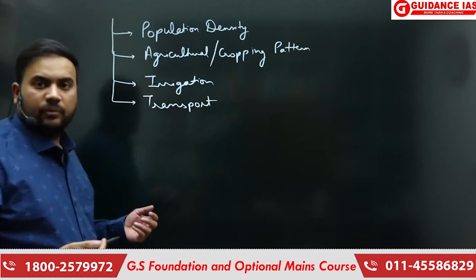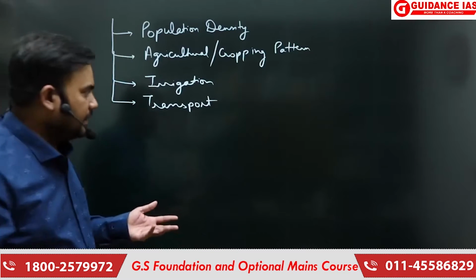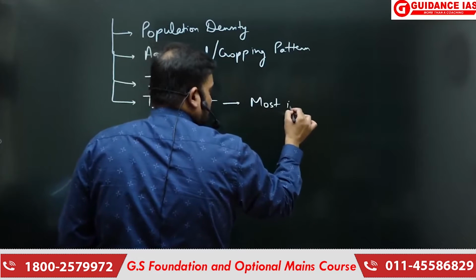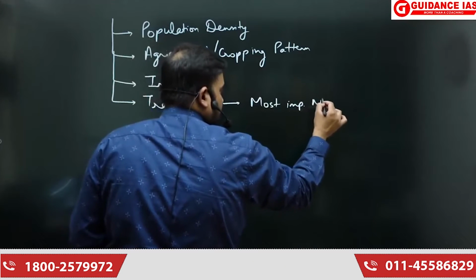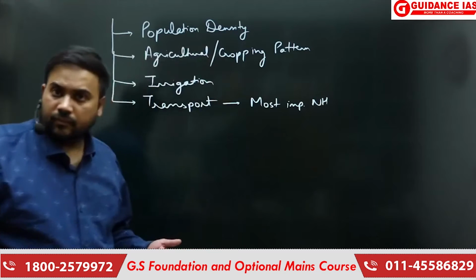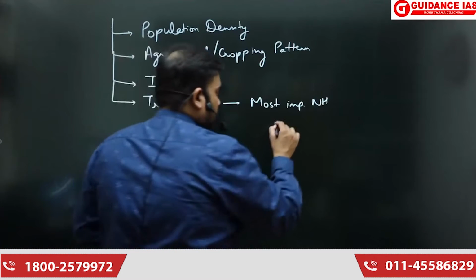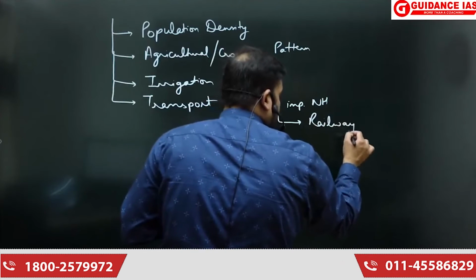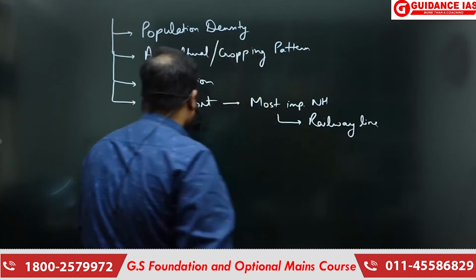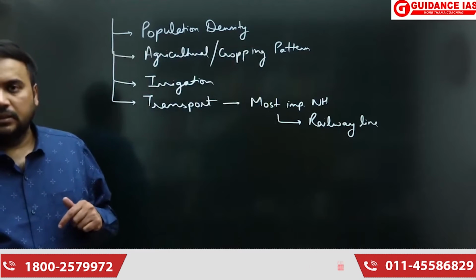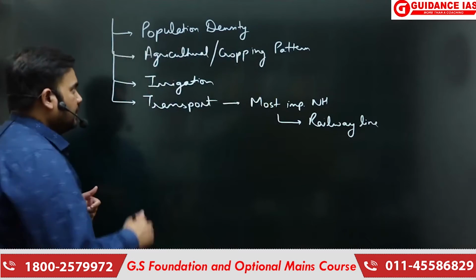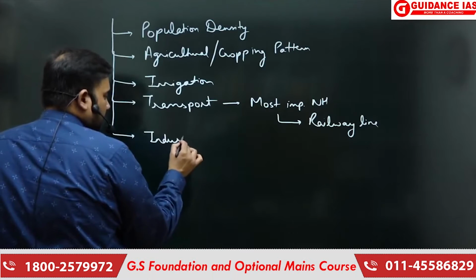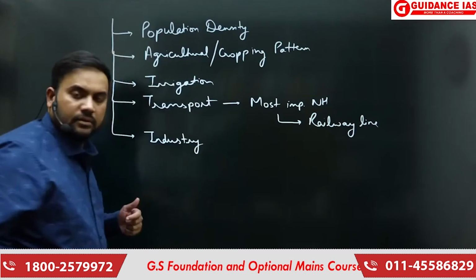So for example, when I'm talking about transport, I can find the most important national highway of the region, or the most important railway line of the region, okay. So that is there. Similarly, you'll find that there is an industry map, major industries are given.